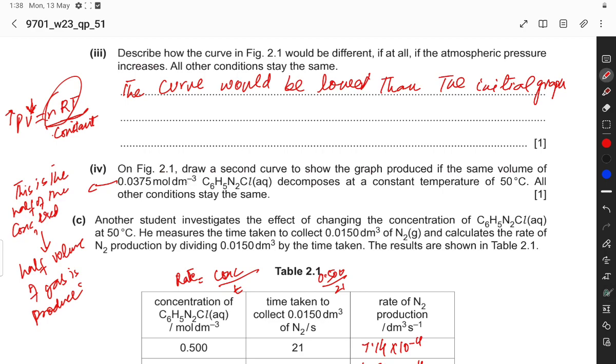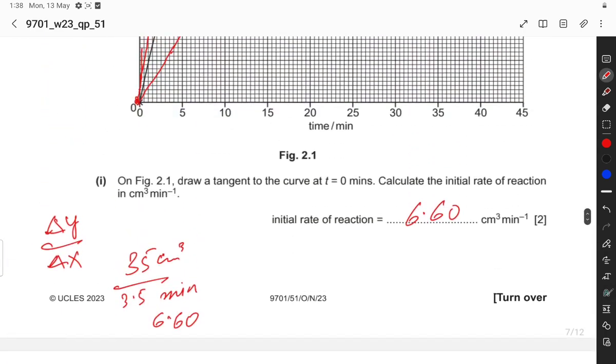On figure 2.1, draw a second curve to show the graph produced if the same volume of 0.0375 mole per dm cube decomposes at a constant temperature of 50 degrees centigrade, all other conditions staying the same.